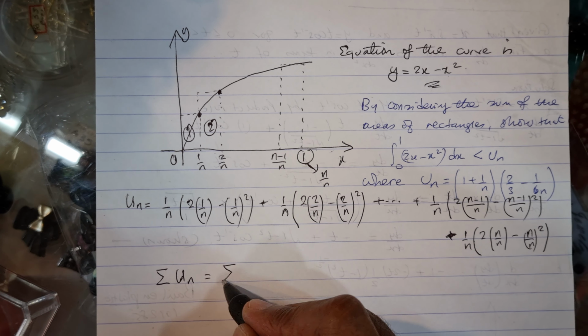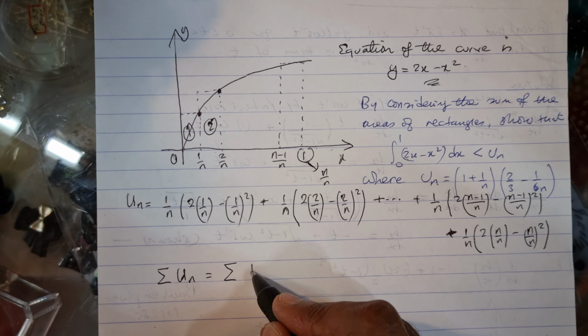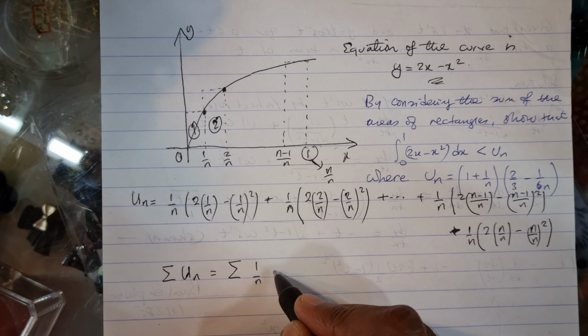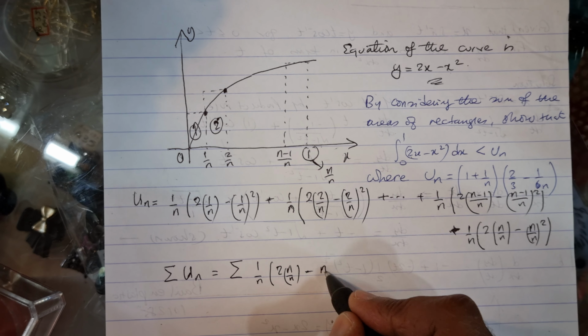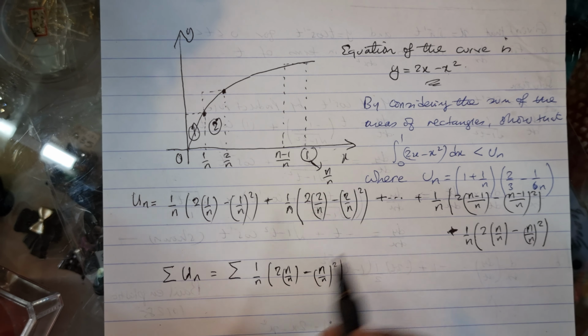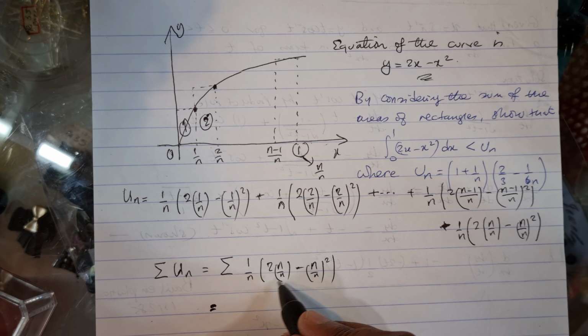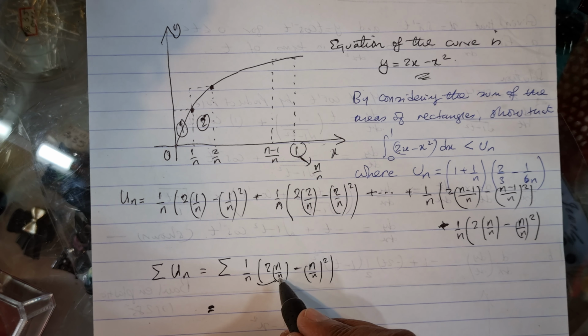So the sum of this here, which is 1 over n times (2 times r over n minus (r over n) all squared). So what we're saying is that this 2r here, n times n is n squared.